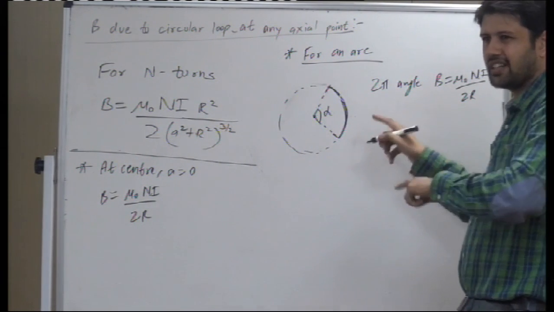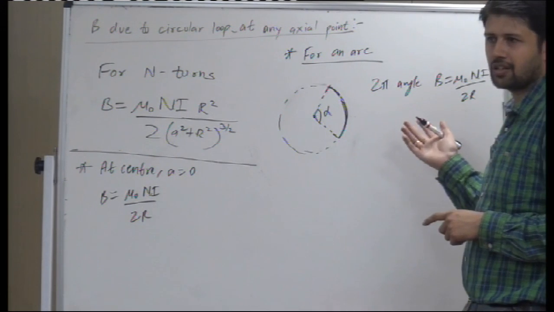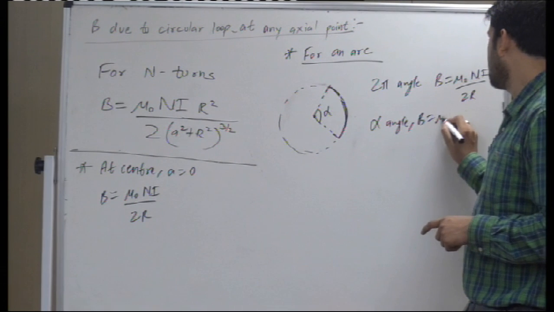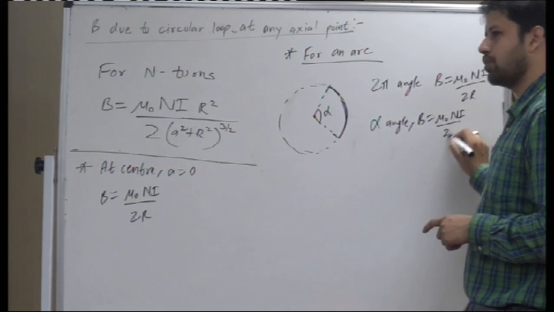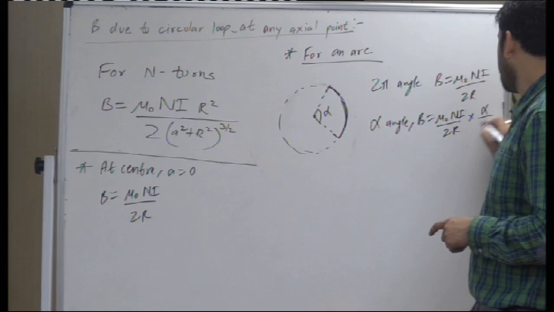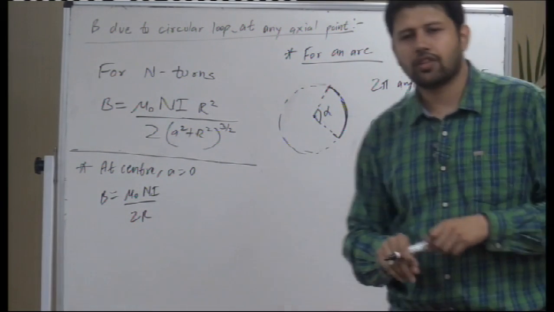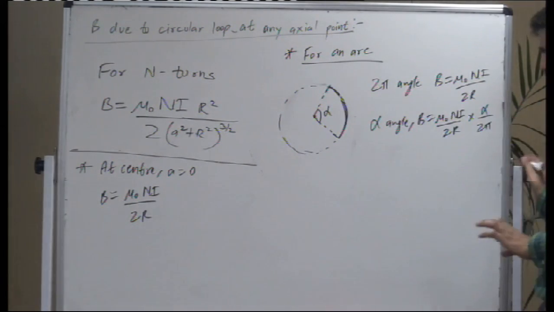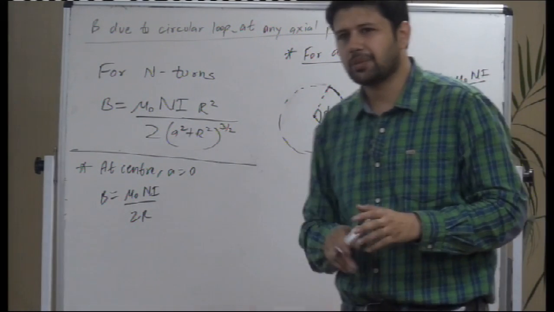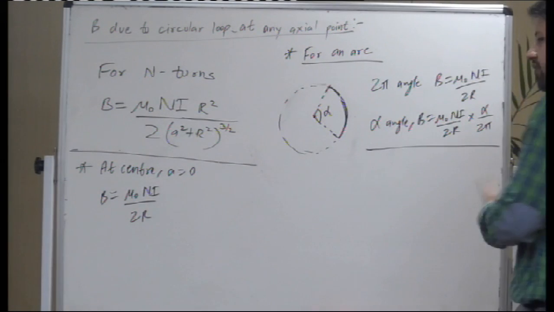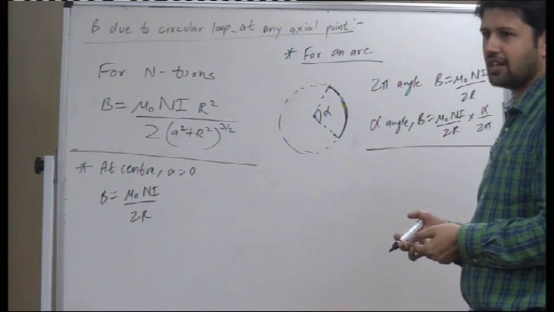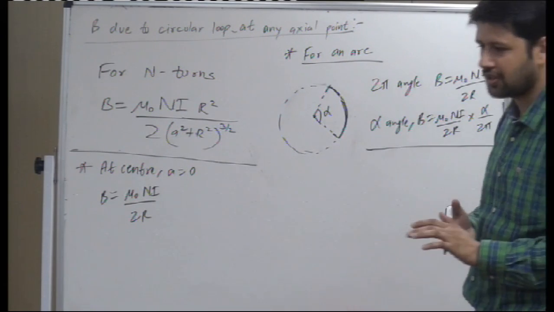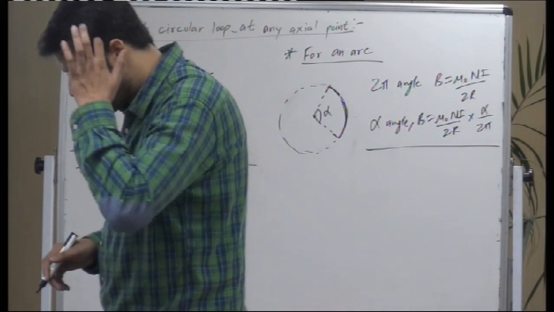Obviously for one angle it would be this divided by 2 pi. For alpha angle, B is mu naught n I upon 2r into alpha by 2 pi. Is it okay? For one angle it would be this whole thing into 1 by 2 pi. For alpha angle it would be this thing. So for a 90-degree angle the field would become 1/4. For a 180-degree angle, which is a semicircle, the field would become half, and you already know how to proceed with this.